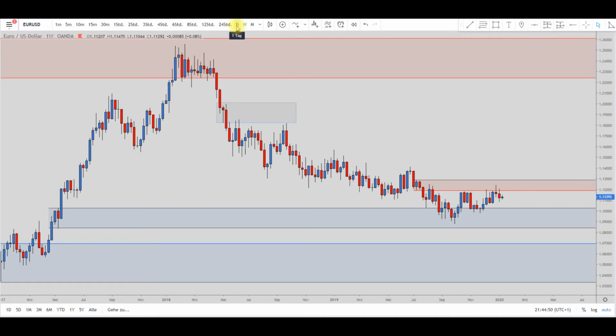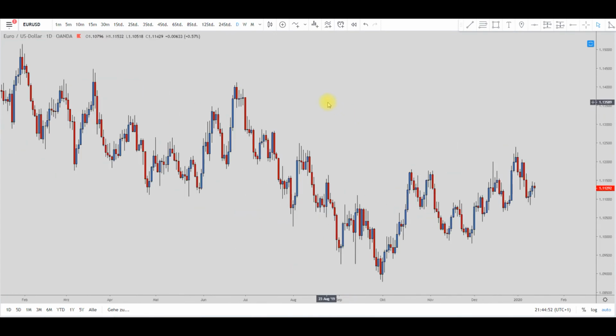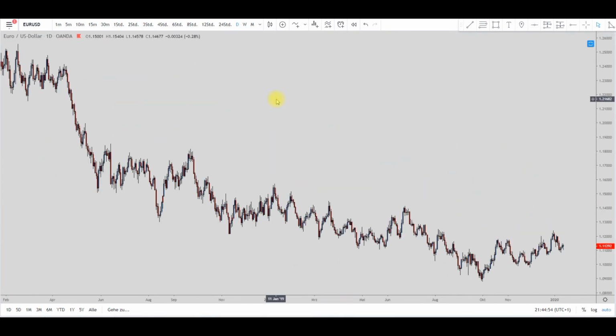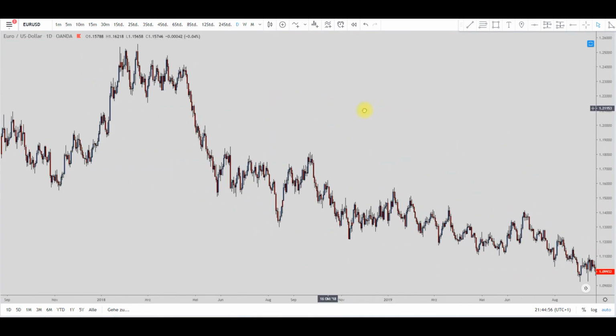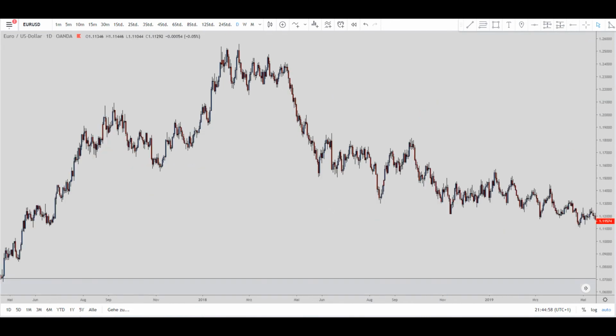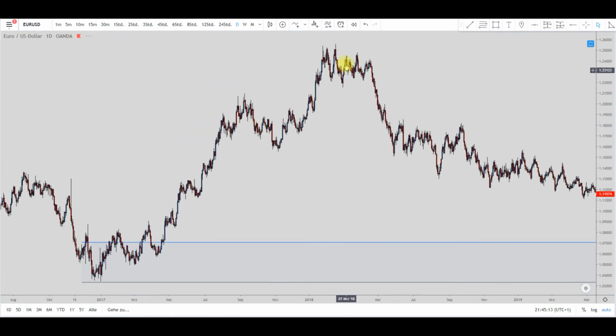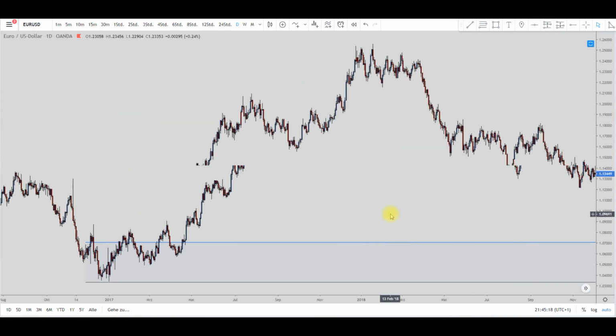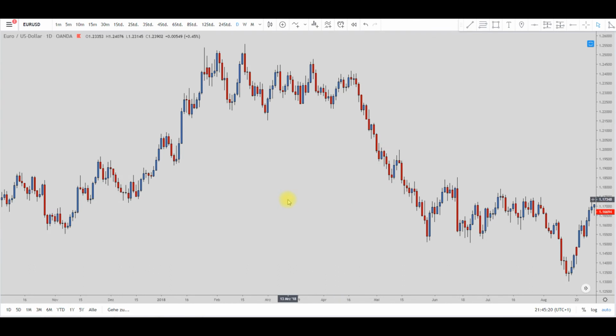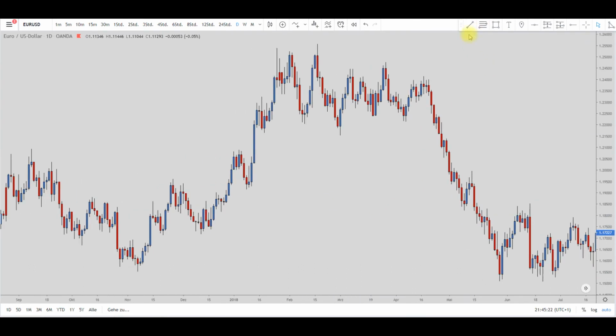So let's go down to the daily time frame. Same here, we go as far back as possible. In this case, we're going to go back to 2018, which is the highest high within a couple years, and we'll mark the levels from here.